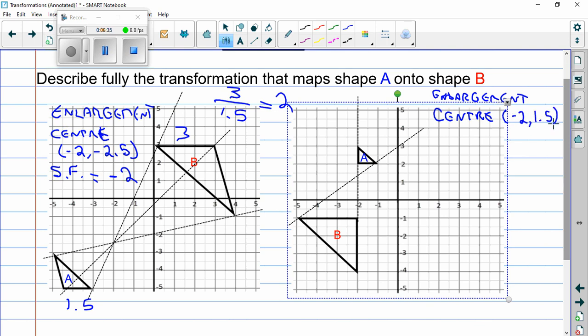And then our scale factor, well, we're doing 3 divided by 1, so 3 over 1 is simply 3. So a scale factor of 3, but we've got to make sure it's negative because it's on the opposite side.